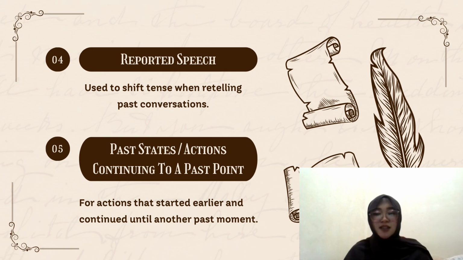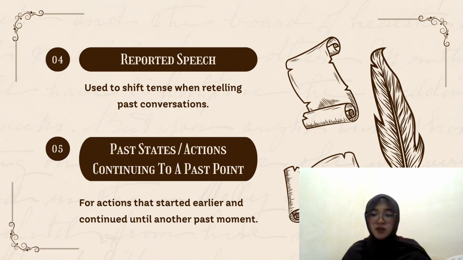Okay, so number 5, actions continuing to a past point. So we use the past perfect to describe something that started before and was still happening up to another point in the past. For example, I had lived in my old house for 10 years before I moved.